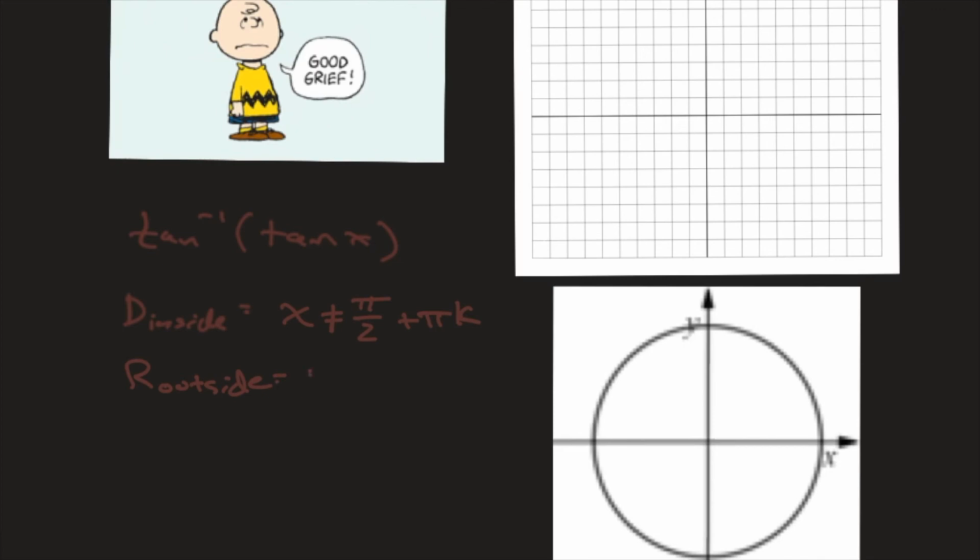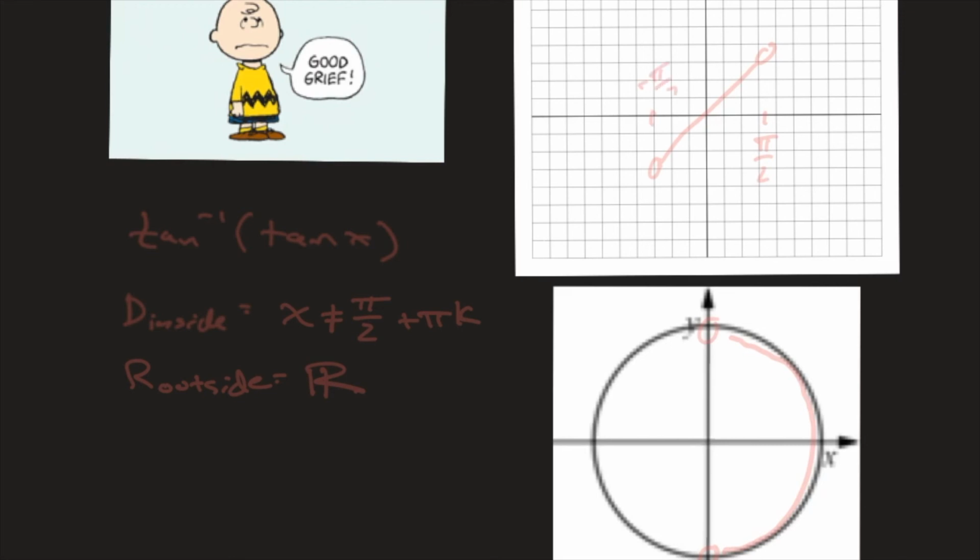Meanwhile, the range of the outside function, it says all real numbers there. It's actually limited from negative pi over 2 to pi over 2, not inclusive. Sorry, I made a little mistake there. And what that means is if you plug in anything from negative pi over 2 to pi over 2, it'll output exactly like sine does.